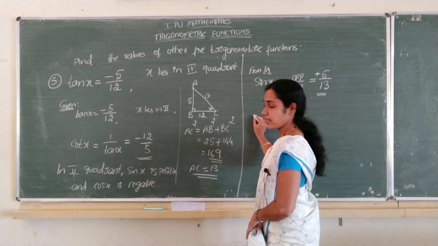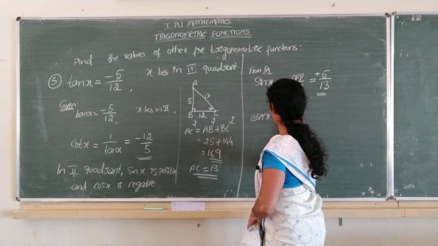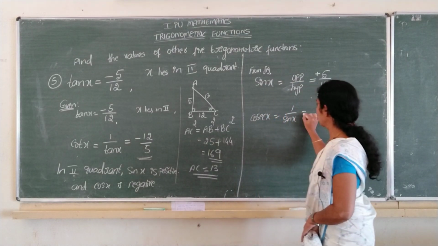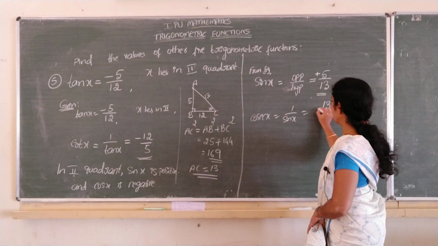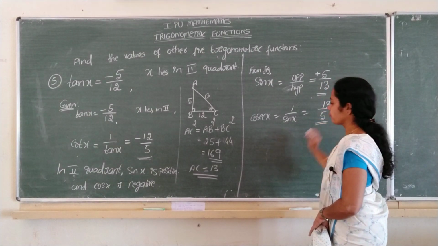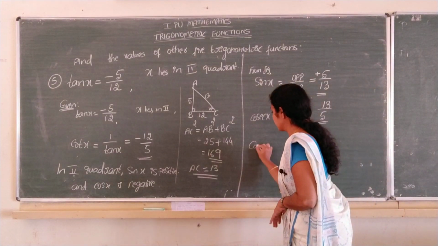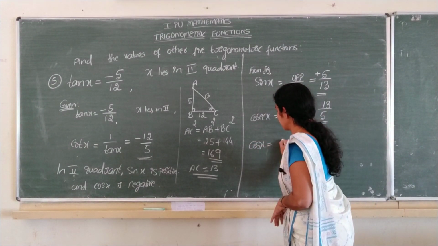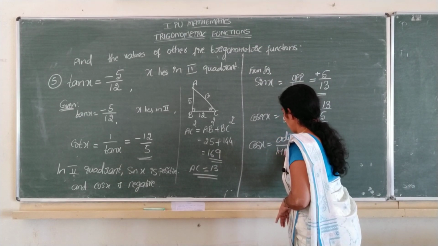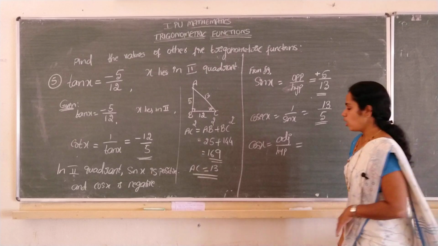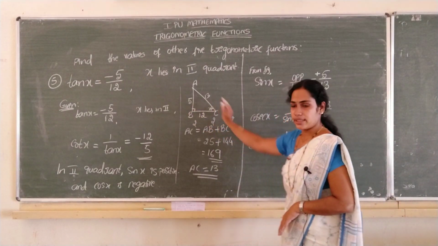If we have sin x, we can write cosec, right? Cosec x is equal to 1 by sin x. That is the reciprocal of this, 13 by 5. Next, cos x. Cos x is equal to adjacent by hypotenuse. What is adjacent? 12 by 13.